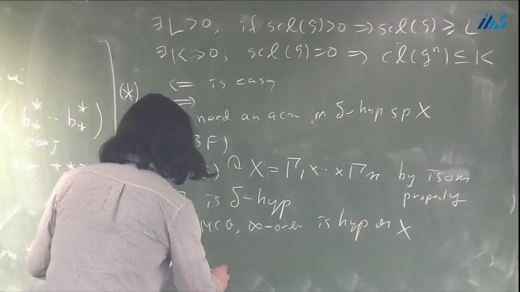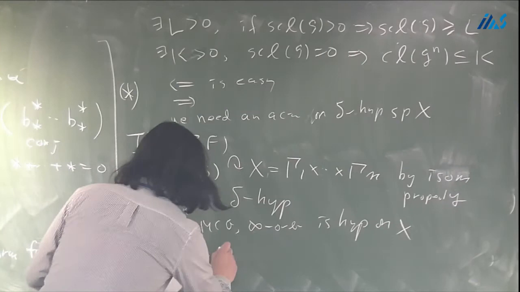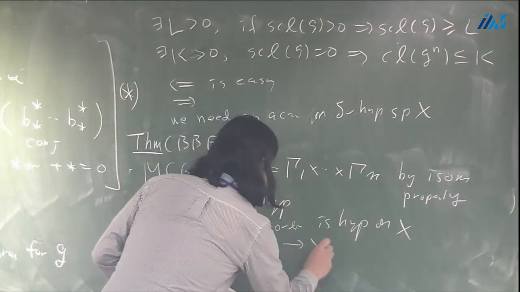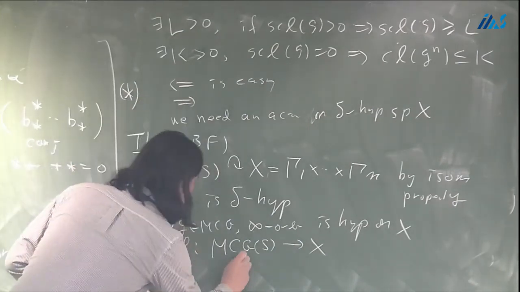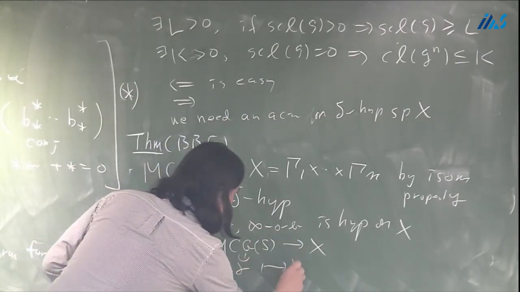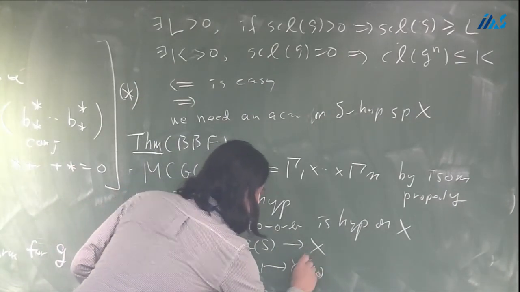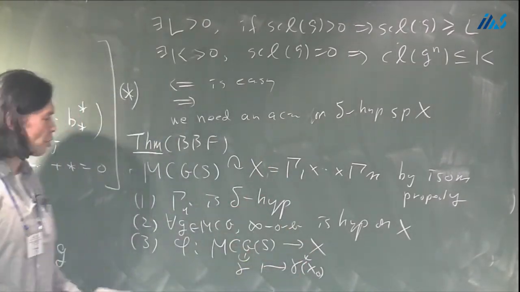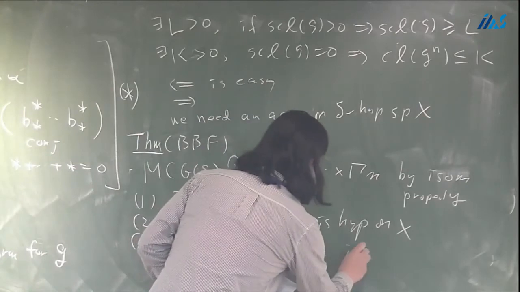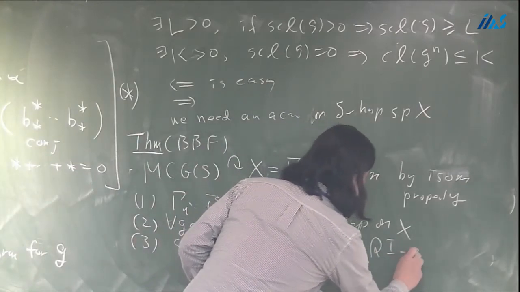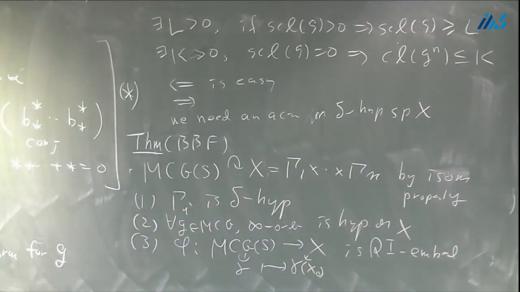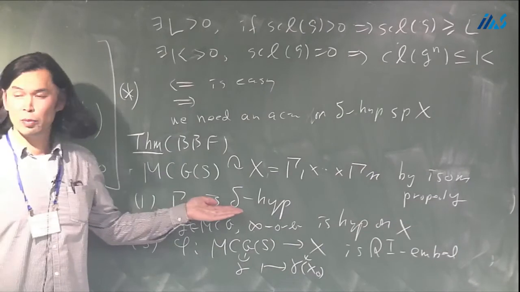So if you embed the mapping class group into the space by orbit, I fix a base point in here, and move it around by the action, then this is a quasi-isometric embedding. X is a product of delta hyperbolic spaces.